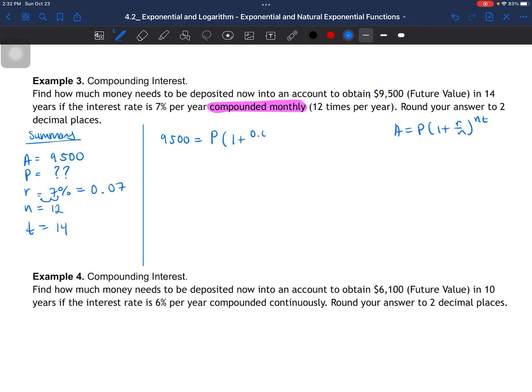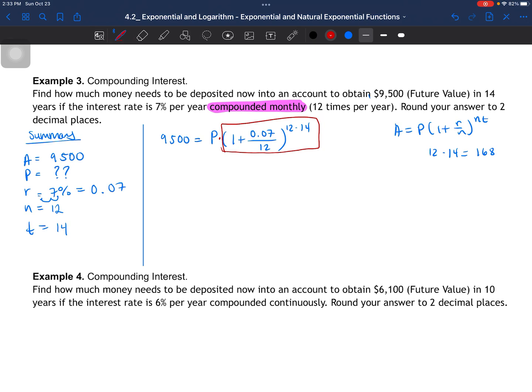So when we go back over here and set it up, it's going to be a little more clear that our goal is to solve for P. Now we know that 12 times 14 is going to be 168.